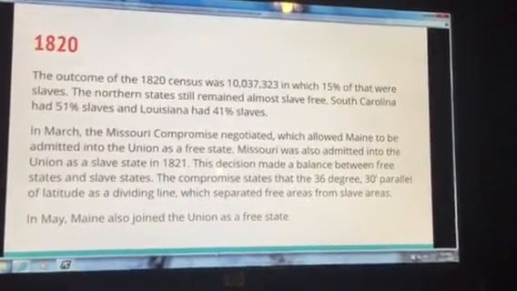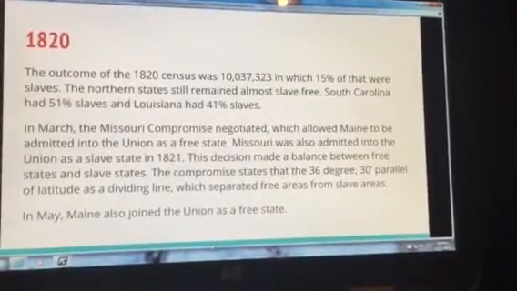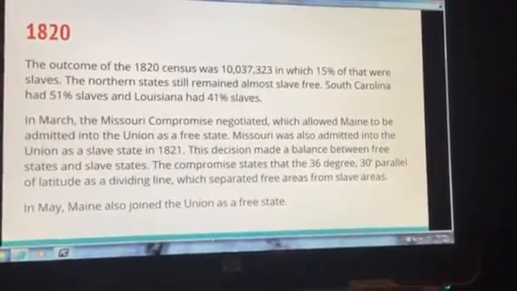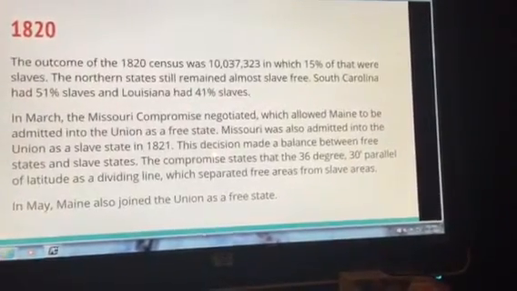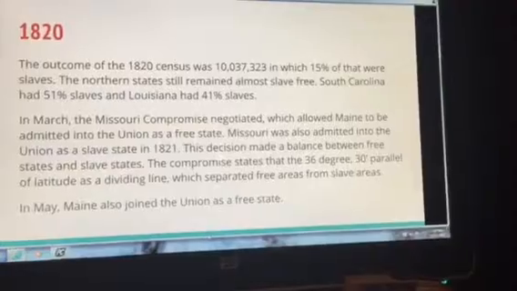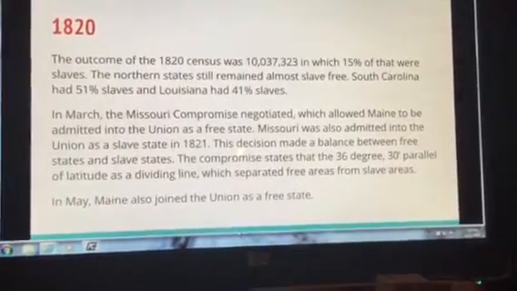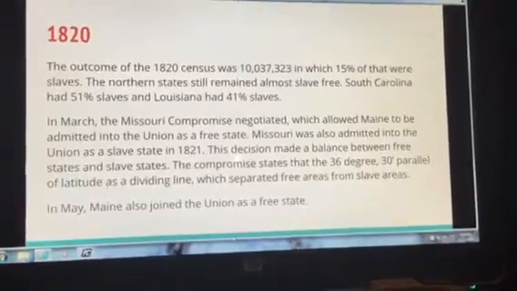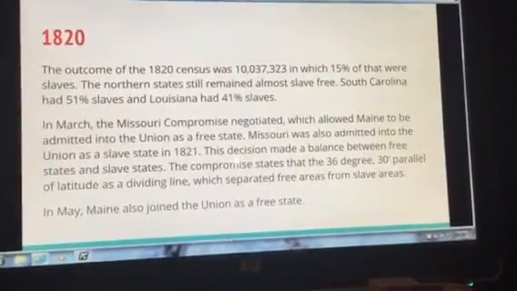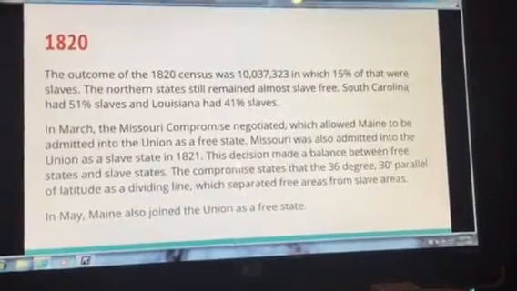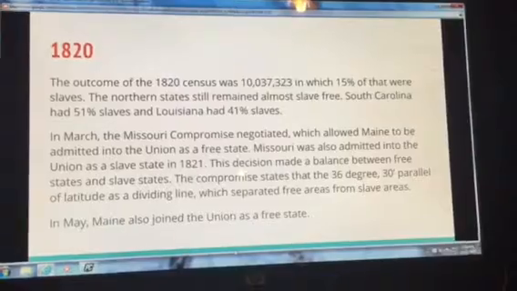The outcome of the 1820 census was 10,037,323, in which 15% of that were slaves. The northern states still remained almost slave-free. South Carolina had 51% slaves and Louisiana had 41% slaves.